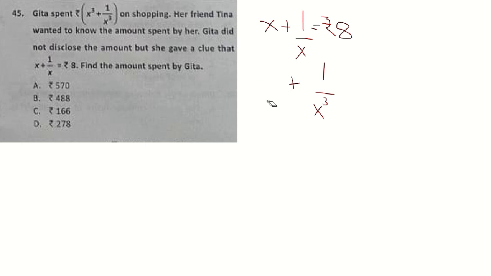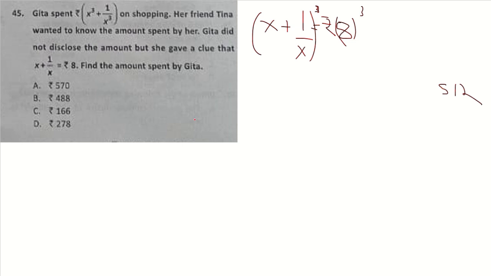So what we're going to do is take both sides whole cube. On the right side we get 512 rupees. On the left side, now we don't just get x cube plus 1 by x cube. There is a formula that a plus b whole cube is a cube plus b cube plus 3a square b plus 3ab square.